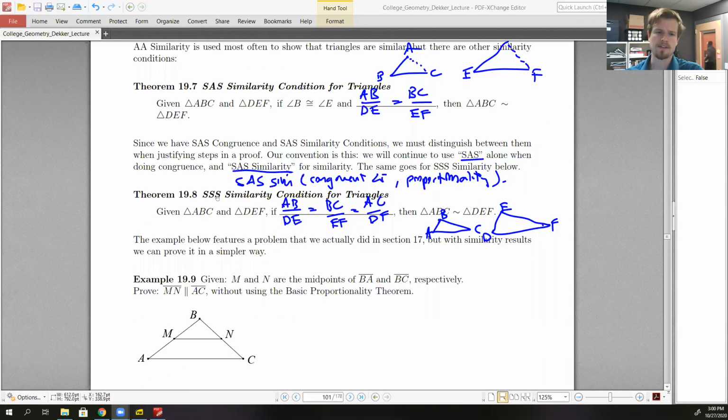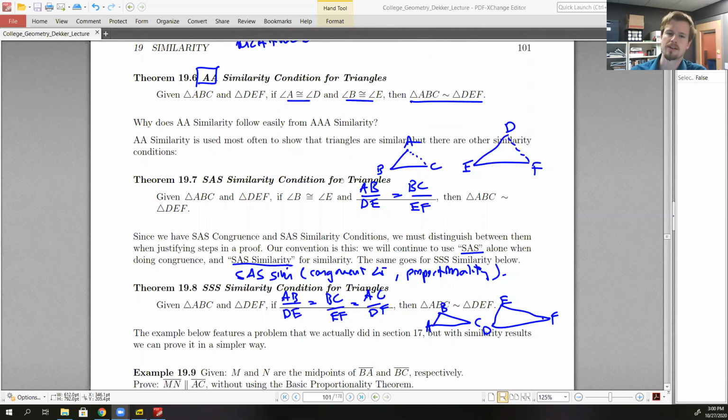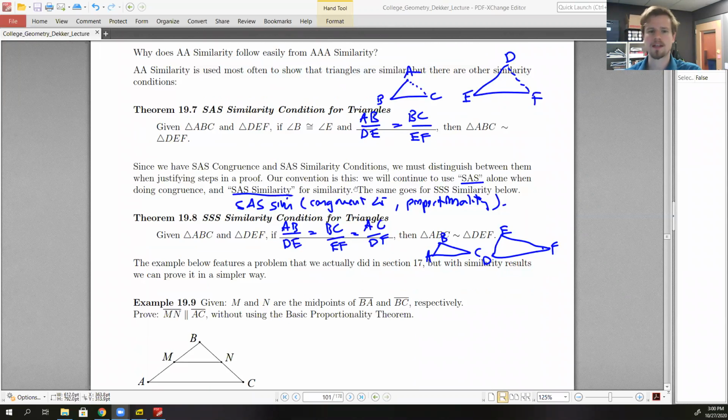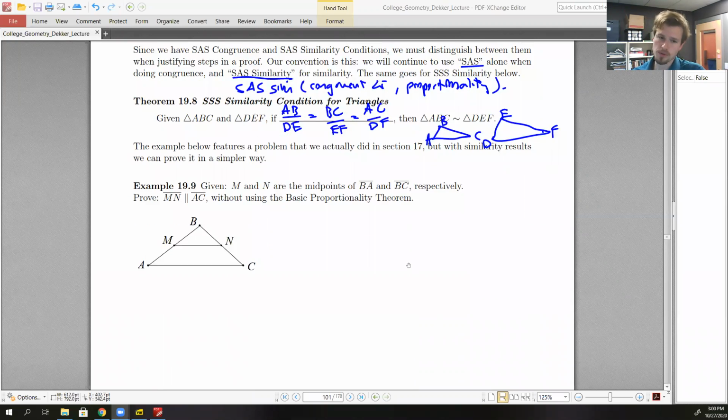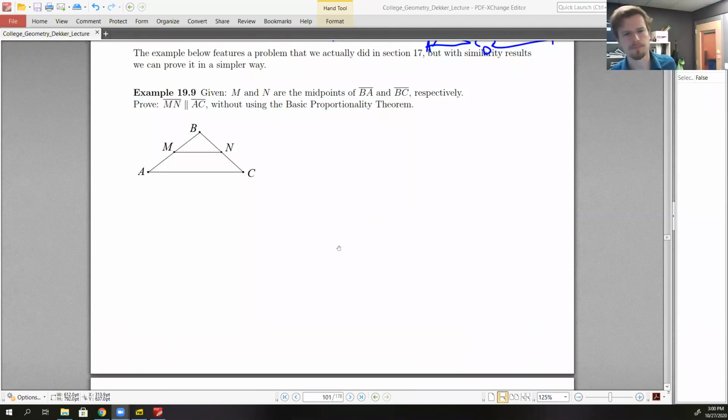And then we can look at side, side, side similarity, and to satisfy that, we're looking at the proportionality being satisfied by all three pairs of sides. So if we have congruent angles and proportionality satisfied for the adjacent sides, we have similarity. If we have the satisfaction of proportionality for all three pairs of sides, then we have similarity. So let's use those to help us with the following example.